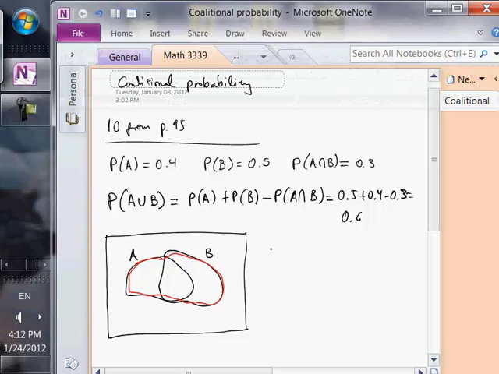Now look at the second set, A complement intersection B. Which are the points that belong to A complement intersection B?